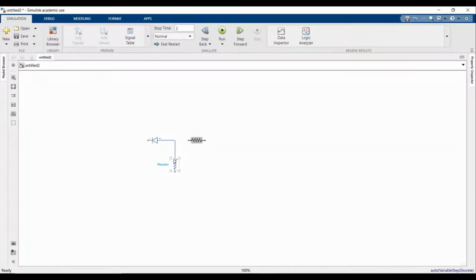It can connect between the two components. Just to illustrate that a Simscape component cannot be connected to the Simulink component. So only those components within the Simscape menu can interconnect with each other. So let me remove this.